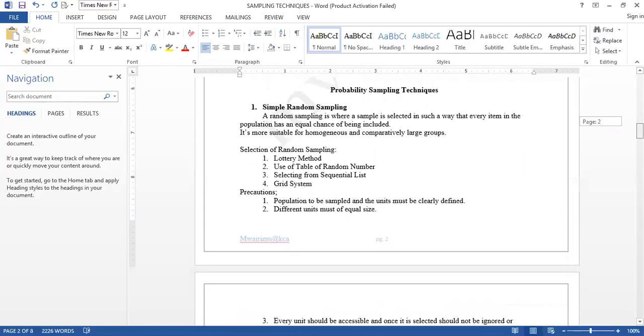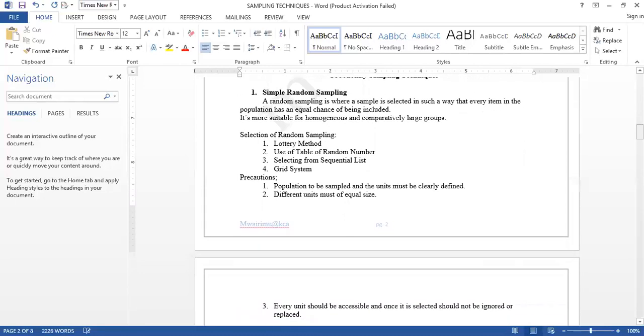Let's start with the first method. This is the simplest method of drawing elements from a given population to be part of your sample. Here comes a population. You just draw elements at random, and therefore we call it a probability sampling method, because you don't know what the outcome will be.